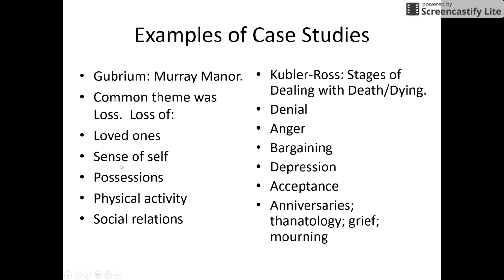You can see loss of self, possessions, abilities, relationships, loved ones. Interestingly, a lot of the employees of this place referred to the older individuals who stayed there as clients, which tells you a lot about the relationship between the administrators, the employees, and the residents there. They were clients. That was a business relationship, very much business-like.